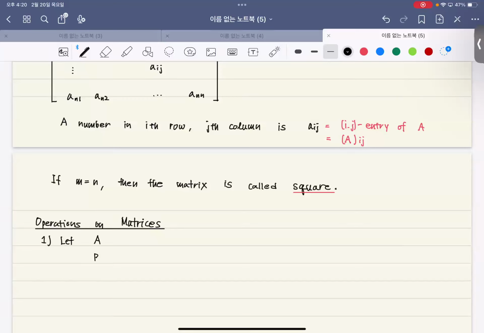Suppose I have two matrices, A and B, with these entries, and let us suppose that these two matrices have the same dimensions. They are both m by n. Then matrix addition is defined like this. I should say this is an entry by entry addition.